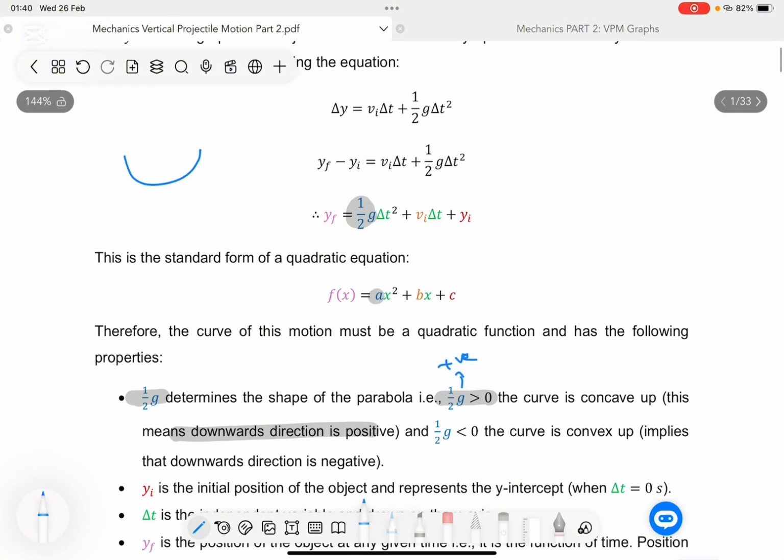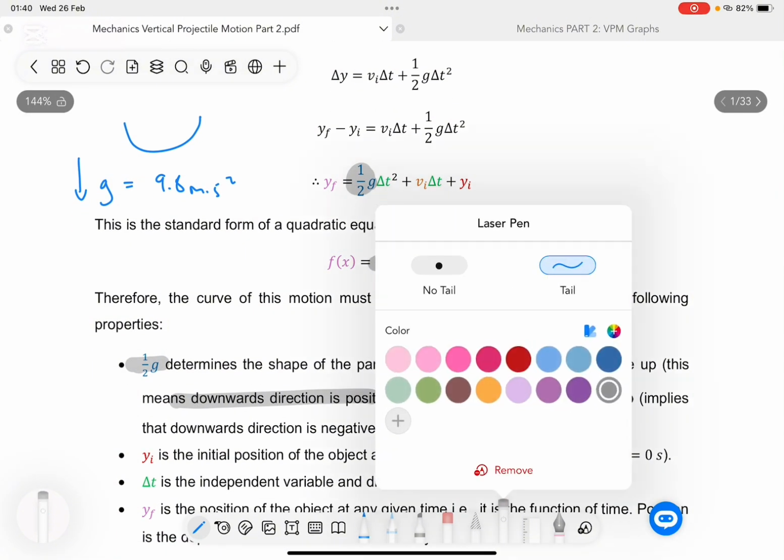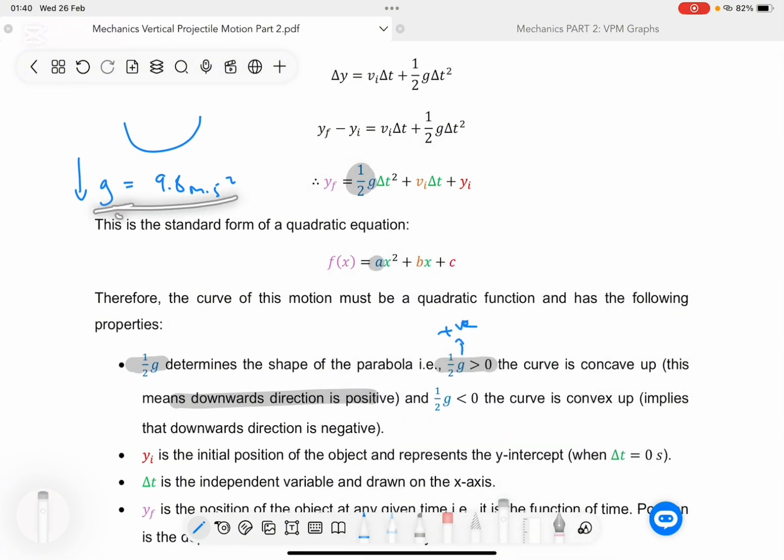The reason being is because the acceleration due to gravity always points downwards and is given by g, and we know that it is 9.8 meters per second squared. It is always downwards. So if we say g is positive, because remember the half is already positive, that means the whole thing will be positive.